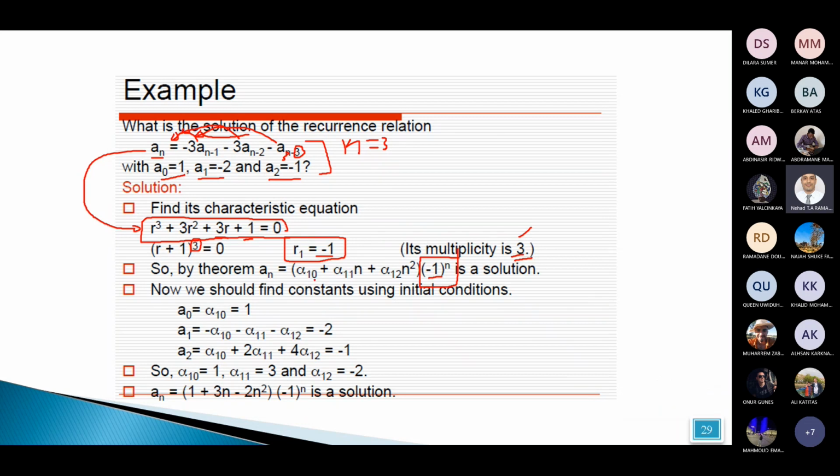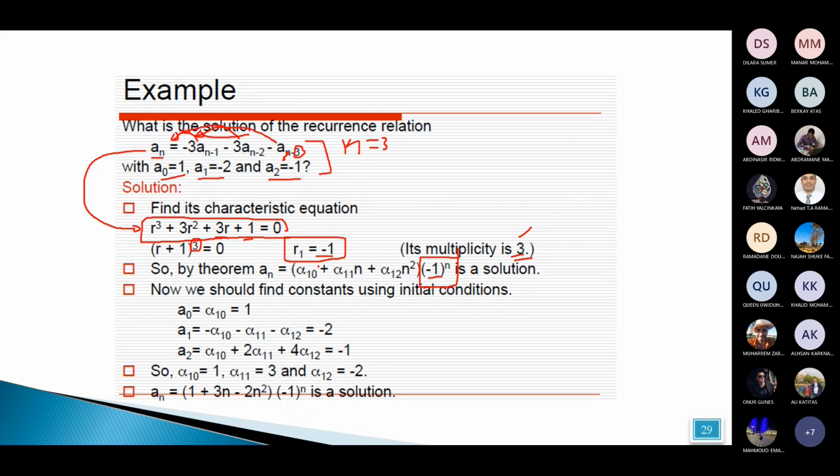α_{1,0} + α_{1,1} multiplied by n + α_{1,2} multiplied by n^2. If we have 4, then plus α_{1,3} n^3 and so on.